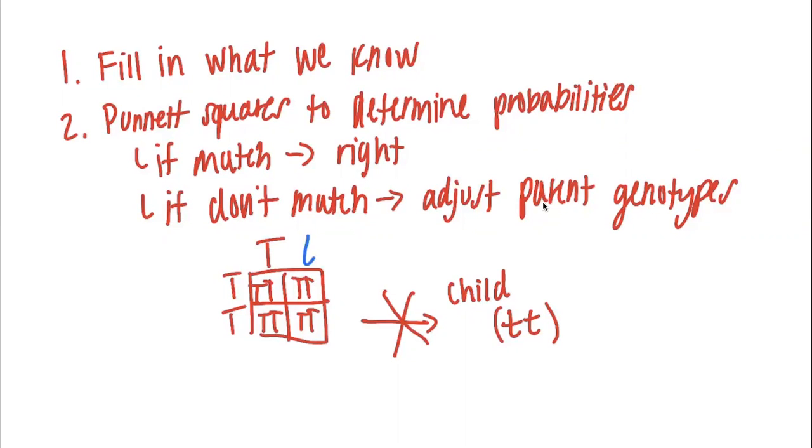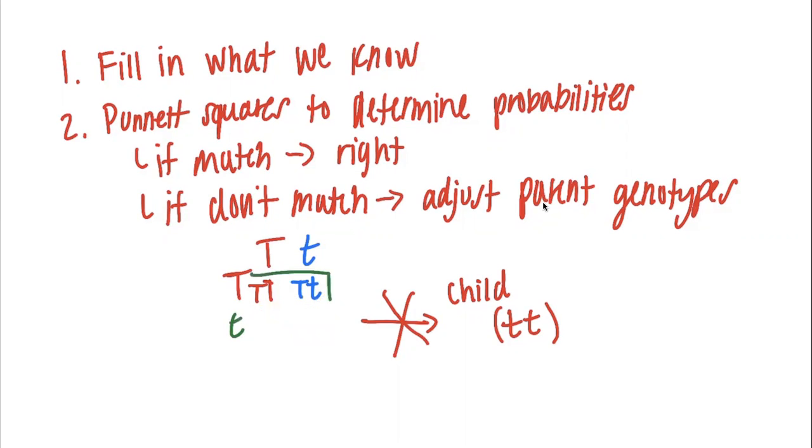We would go, okay, let's put a t there. Well, that's still not enough. Let's go back and edit it some more. So we would go capital T, maybe a lowercase t here.